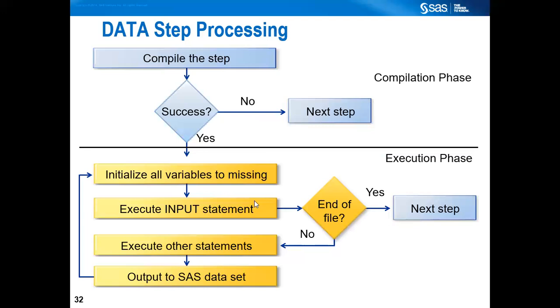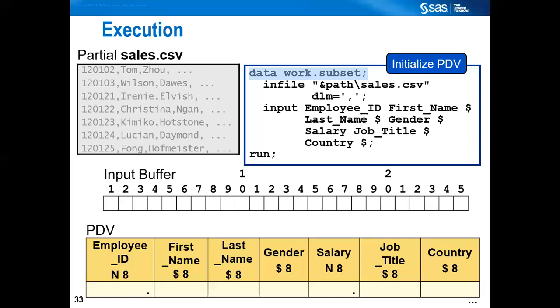Of course, this is the same flow chart. You will not understand it until we see the processing. Now let's see how the execution phase works. This is your raw file and this is your data step. Compilation is already done, therefore the input buffer and PDV are ready.